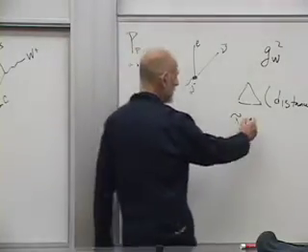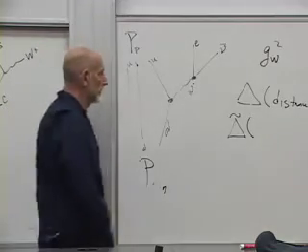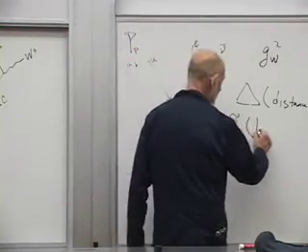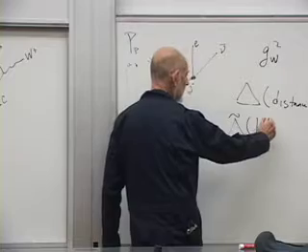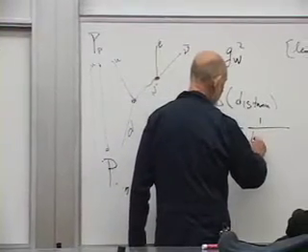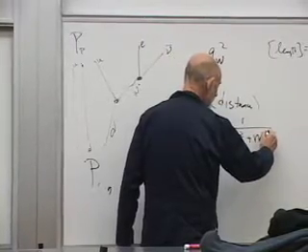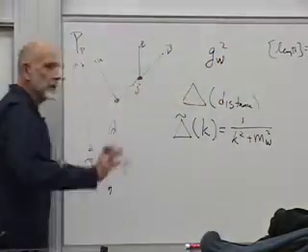And it's a function, what shall we call the momentum of the W? Let's call it k. And what does it look like? It's very simple. 1 divided by k squared plus the mass of the W squared. That's it.